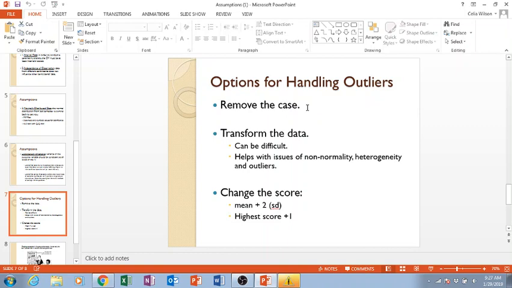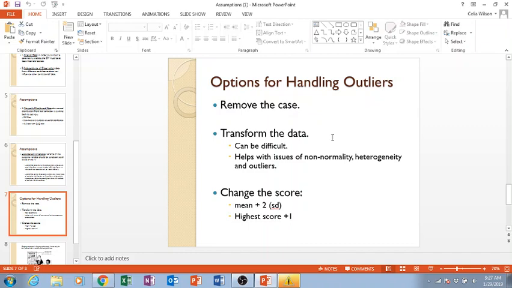Other options include transforming the data, or changing the score, or you might have some missing data, and we have some methods for estimating those missing values. So transforming the data and changing the score, those are kind of outside the scope of this course, but I did just want you to know that in real life, for your real study, if your data fail those assumptions, all is not lost.